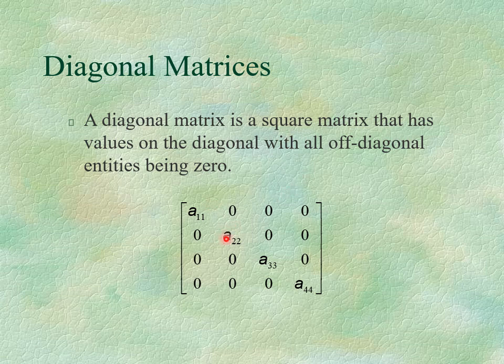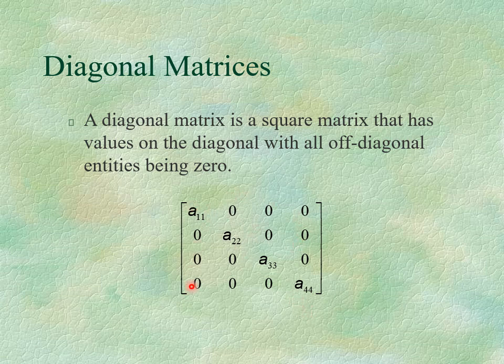If this main diagonal consists of any number like 5, 5, 5, 5 or 8, 8, 8, 8, minus 1, minus 1, minus 1, minus 1, and so on, it will be a scalar matrix. And if the main diagonal is unity or equal 1, in this case we will call it identity matrix.